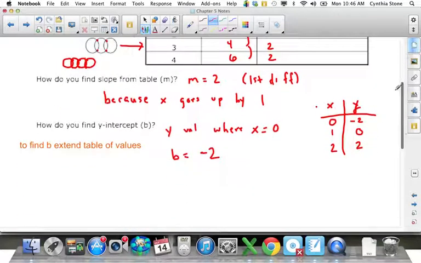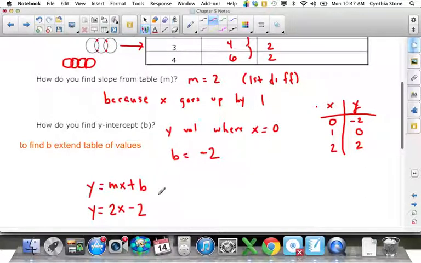But the equation, just the general form, of course, is y equals mx plus b, right? And you keep the y and you keep the x in the equation, but you put in the values for m and b. So that means y equals 2x minus 2. Okay, and that's my equation.